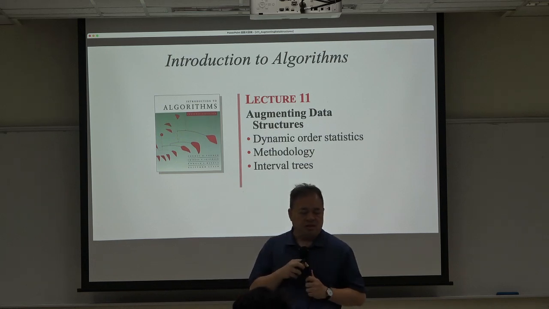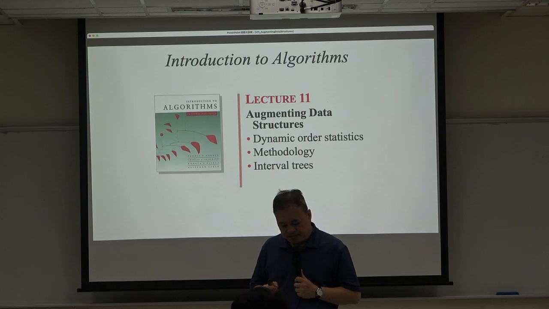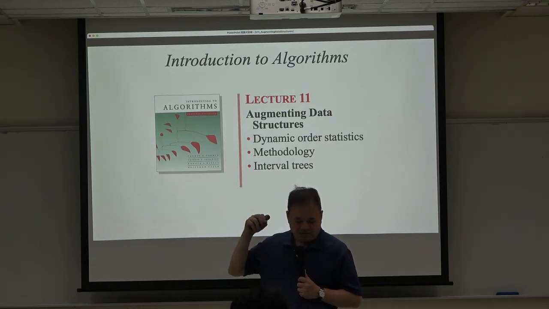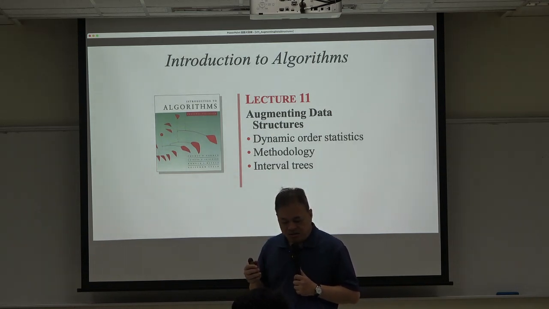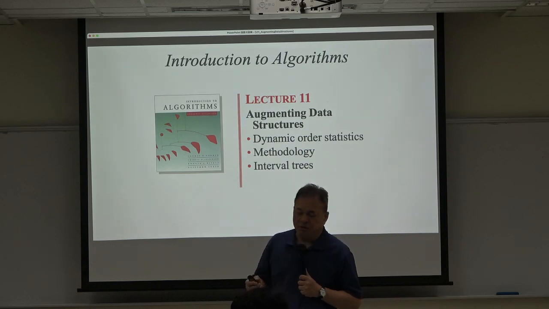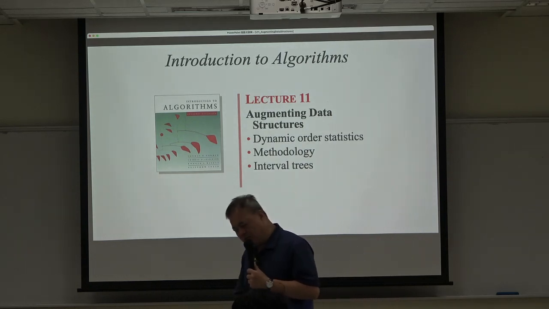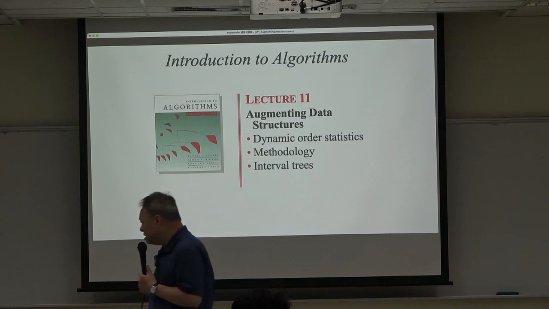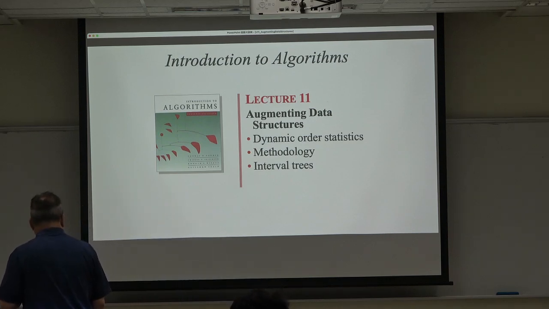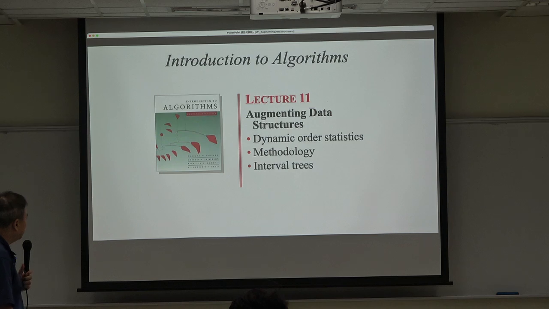That's the reason the content this year is slightly different. For example, last year I didn't teach red black trees. I didn't teach this augmenting data structure either. So what is augmenting data structure?